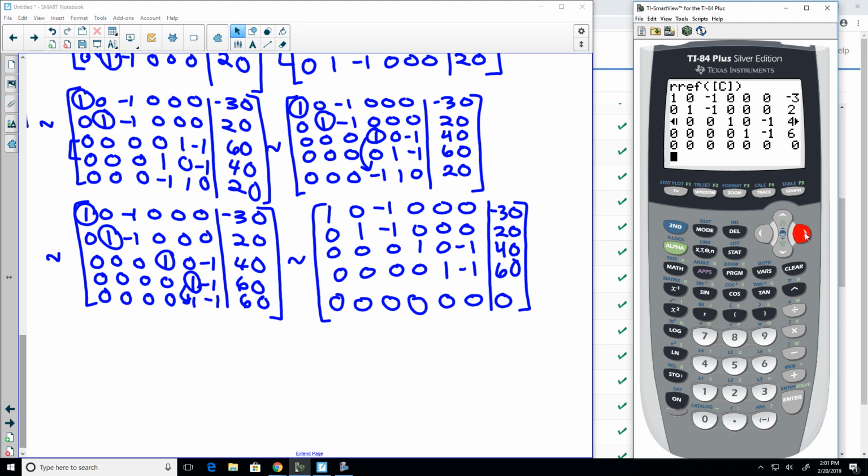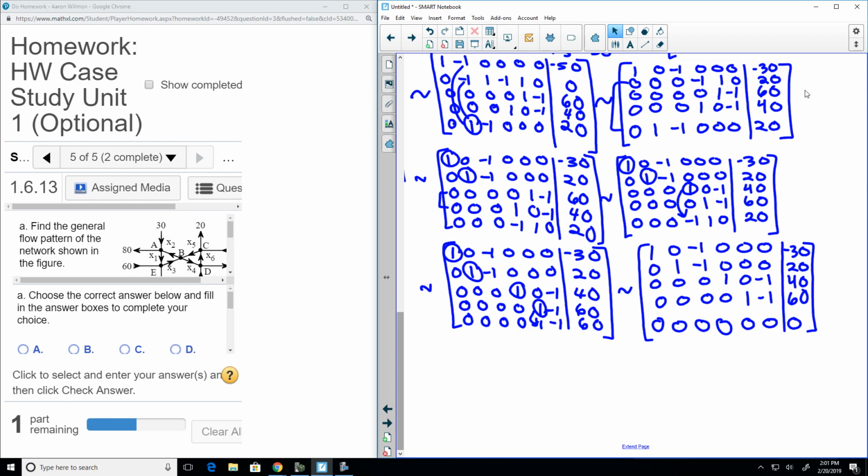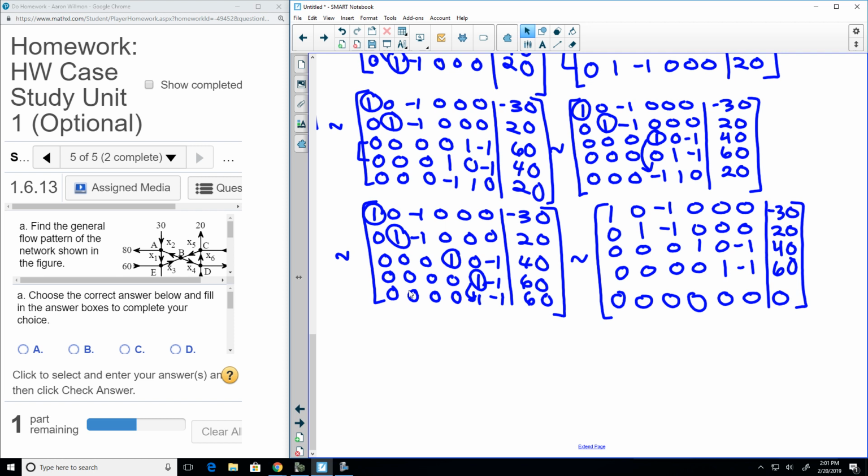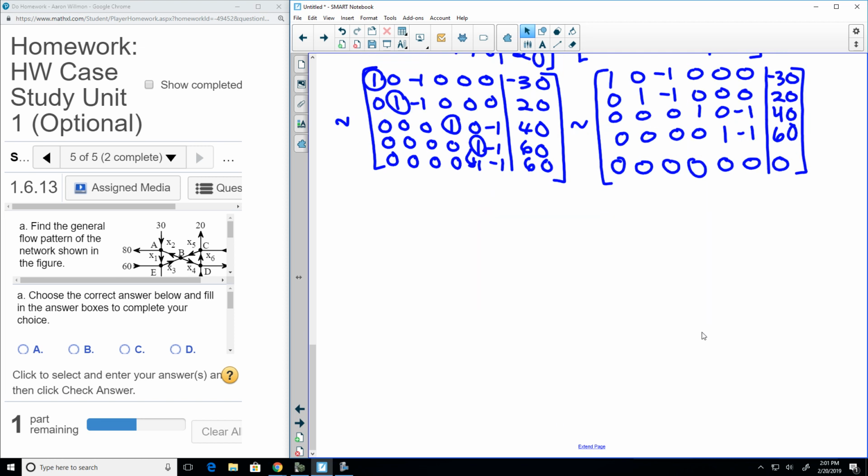Yay, I did it. Okay. So this thing has free variables. Which ones are free? So here are the pivots. X3 and X6. Those are free, so we have two free variables.